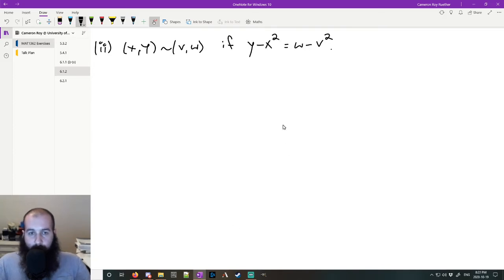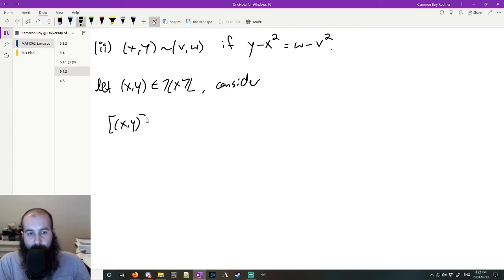The second relation, which is also an equivalence relation, is that the pair xy is related to the pair vw when y minus x squared is equal to w minus v squared. And so to determine the equivalence classes, we can again let xy be any pair in our set and consider its equivalence class.